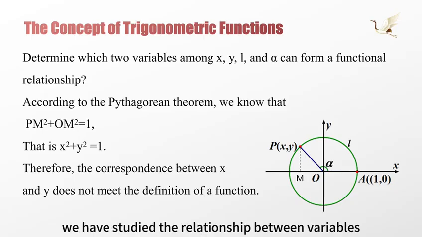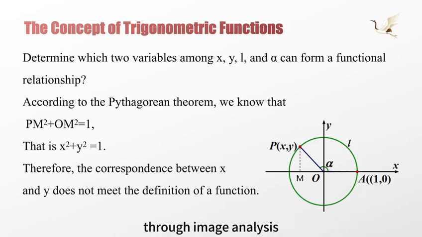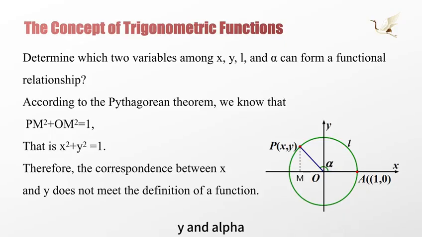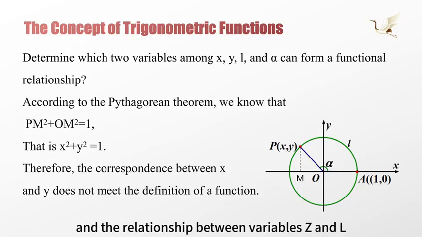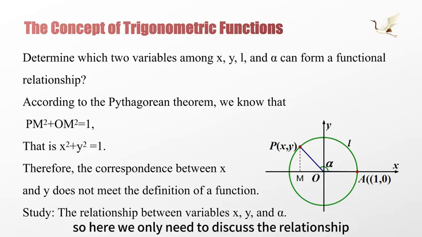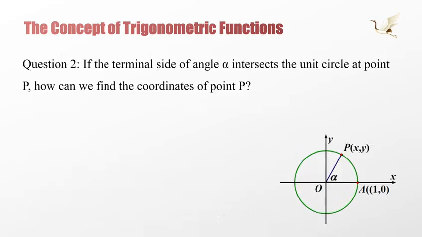We have studied the relationship between variables L and alpha in the previous radian research, so we will not explore it here. Through image analysis, we can further find that the relationship between variables x, y, and alpha, and the relationship between variables x, y, and L are equivalent. So here we only need to discuss the relationship between the variables x, y, and alpha.